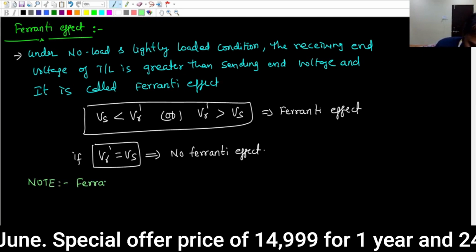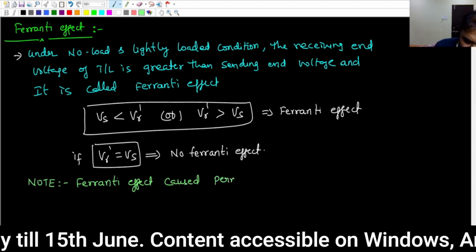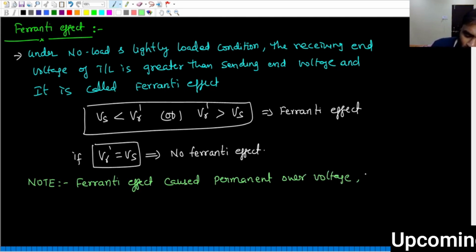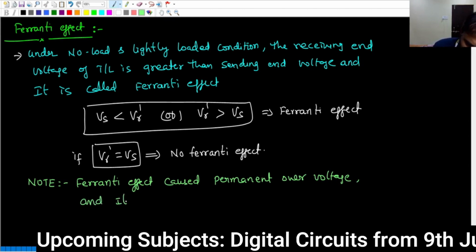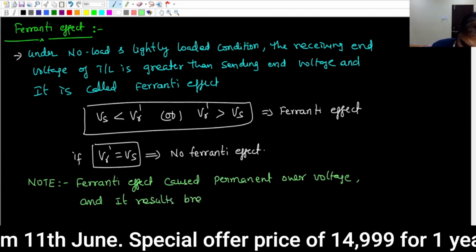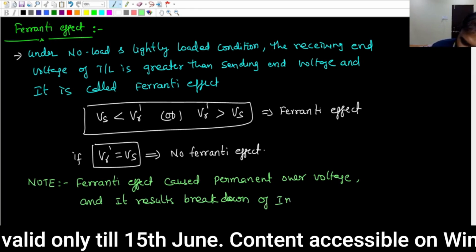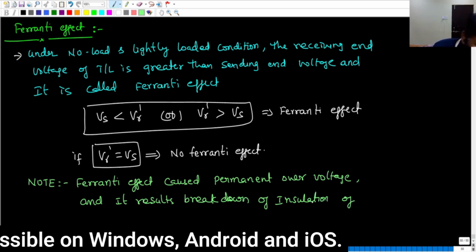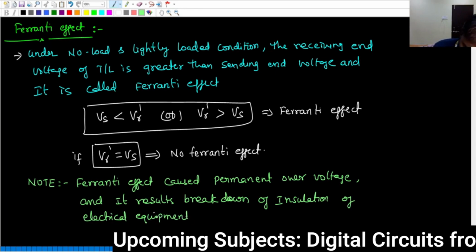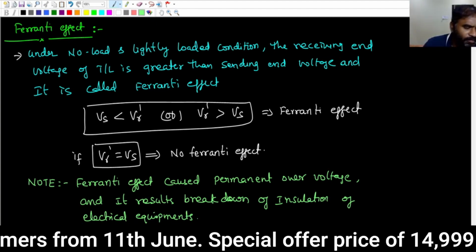The Ferranti effect causes permanent overvoltage, and it results in breakdown of insulation of electrical equipment. Okay, clear? Understand?